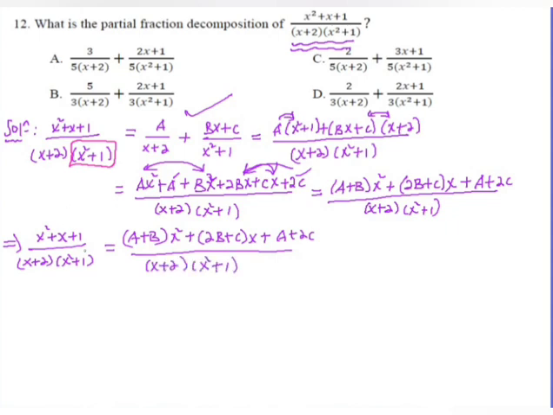Now these two rational expressions are the same.